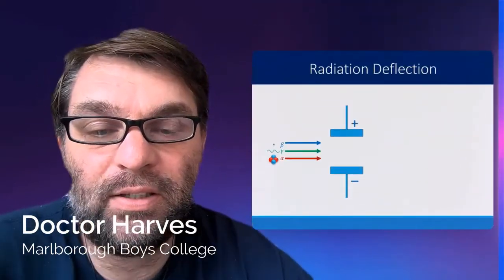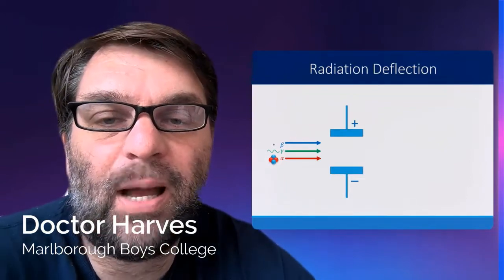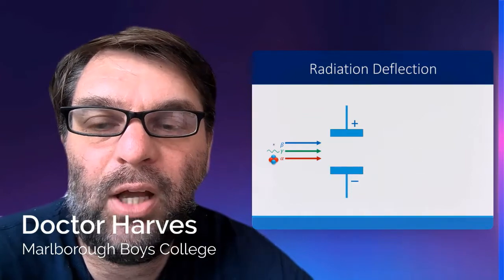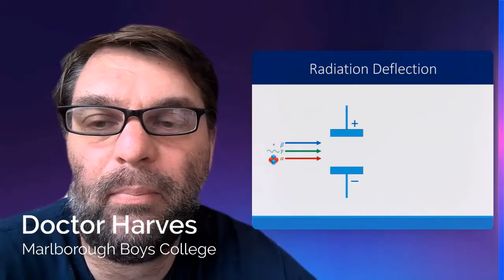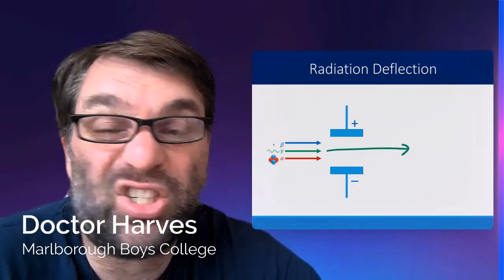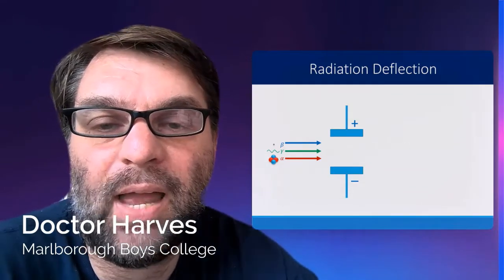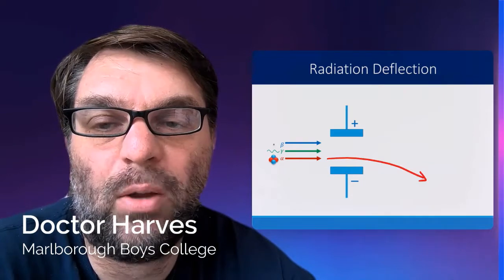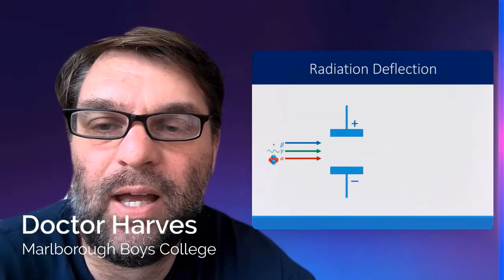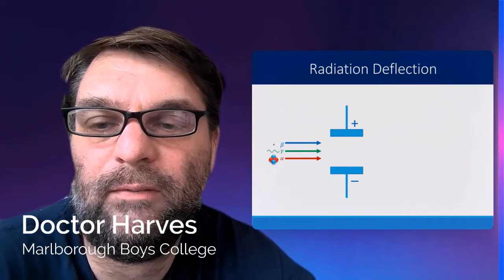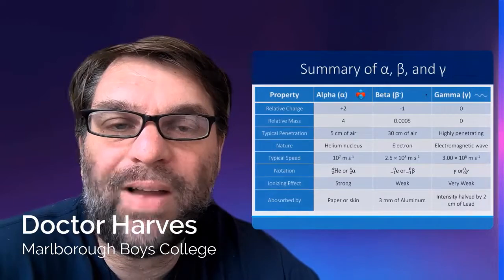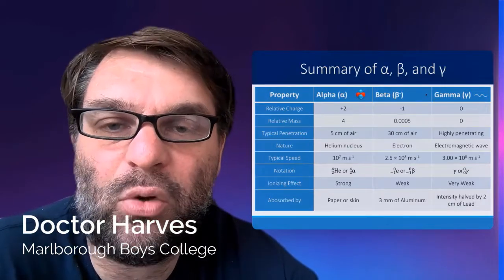We also have deflection in an electrical field. The beta particle, being negative, is attracted up to the positive side of the field. The gamma radiation goes straight through, no charge, and the alpha particle, also heavy and slow moving, gets pulled down to the negative side of the electrical field.